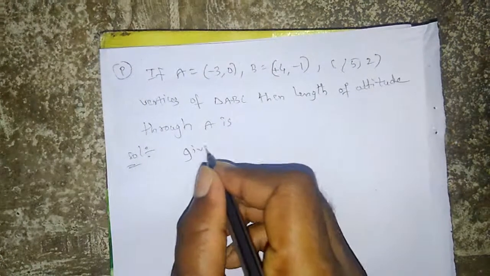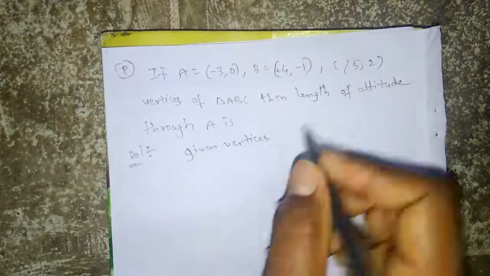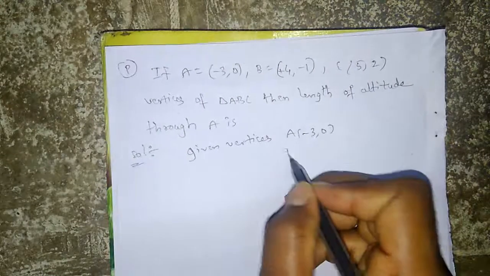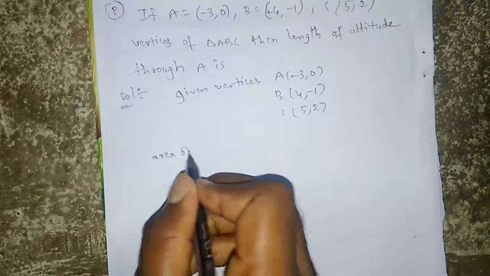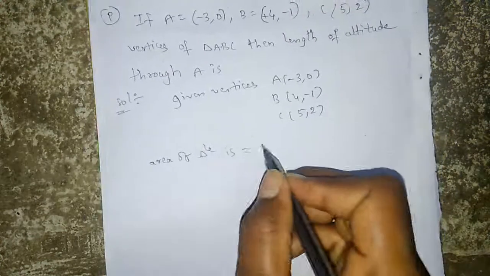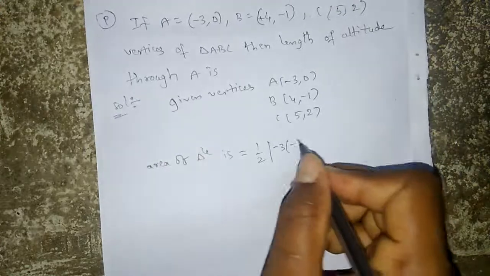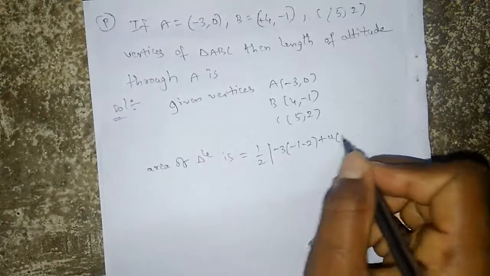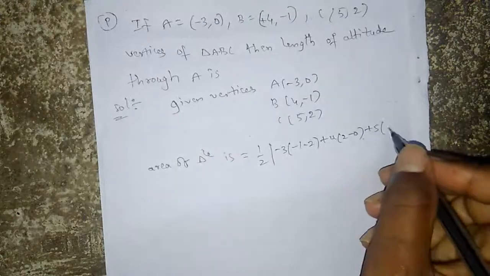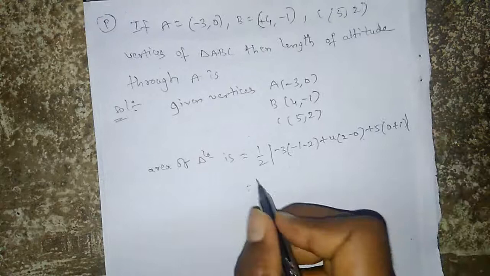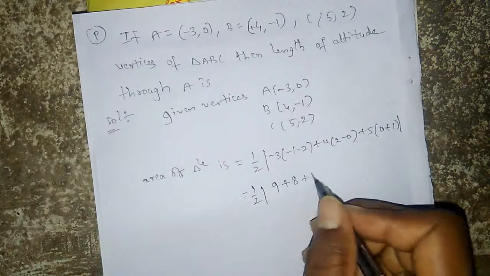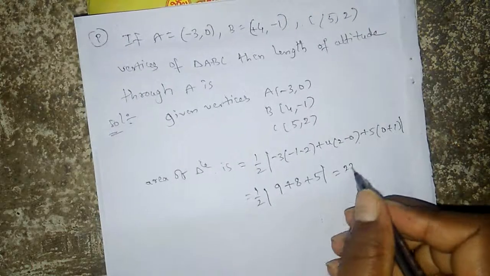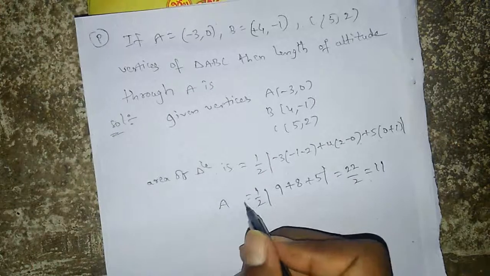Here given vertices, A is minus 3, 0, B is 4, minus 1, C is 5, 2. Here area of the triangle is half of minus 3 into minus 1 minus 2 plus 4 into 2 minus 0 plus 5 into 0 plus 1, that is 3 3s are 9, 4 2s are 8 plus 5, 17, 22 by 2, that is equal to 11 is the area.